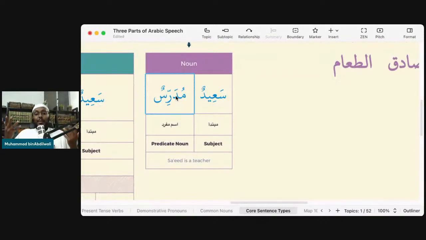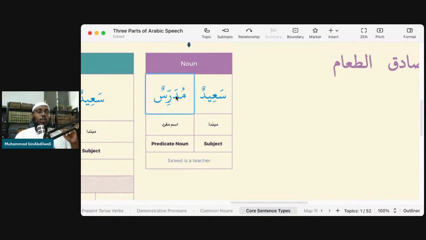Think about it. Please use your brain and your common sense. Arabic has a free word order system where you can change the order of words, which I might not have told you before, but that's true. Arabic is not a strict word order system like English.